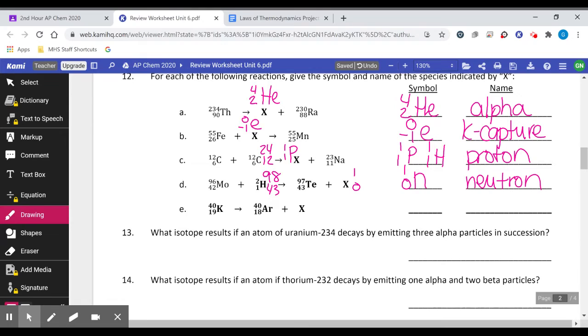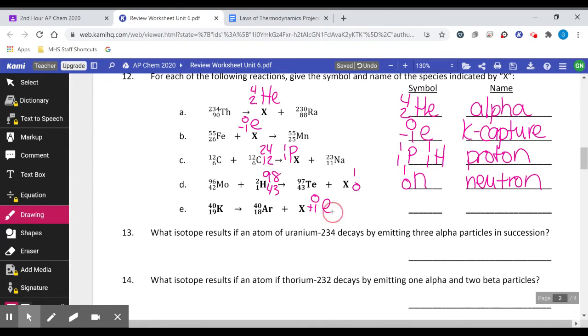And our last one here for this section, we have a 40 and a 40. So we know our X must have a top number of 0. And a 19 and an 18. So our bottom number must be a, what do we have there? A +1. And so what kind of particle is this?